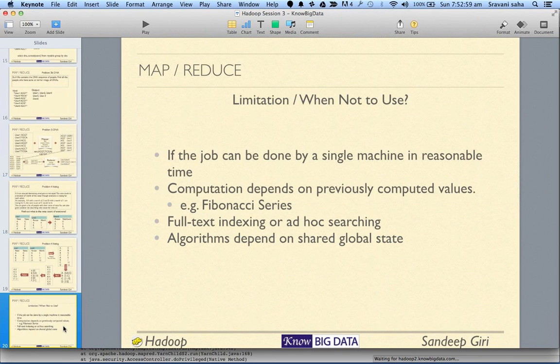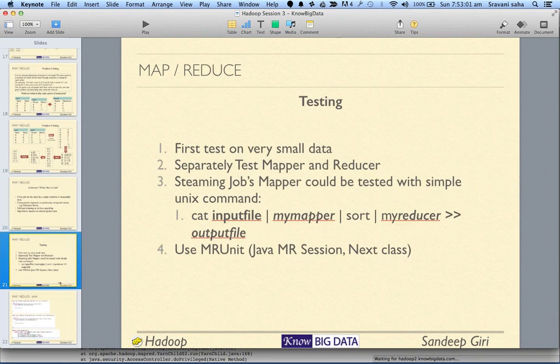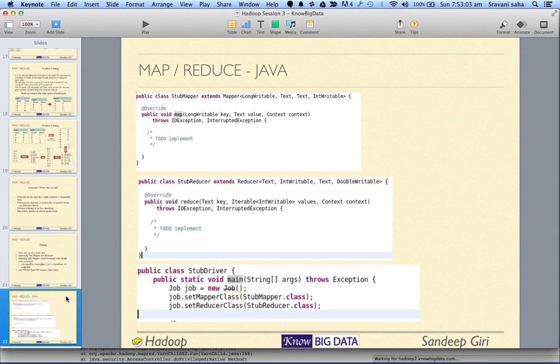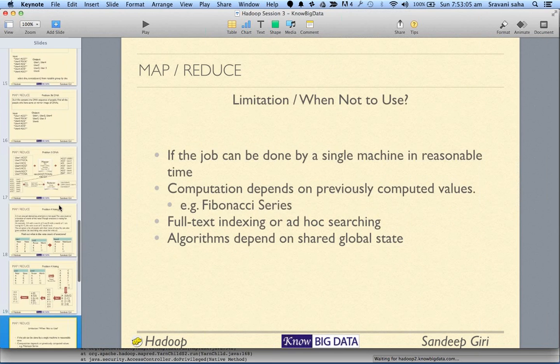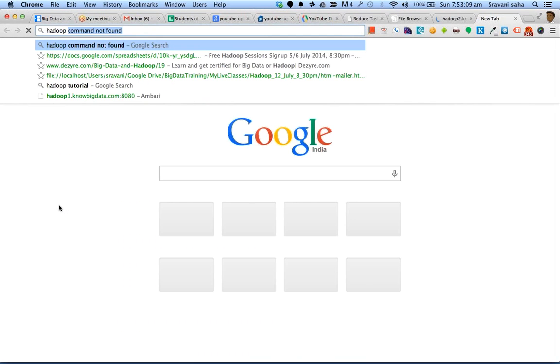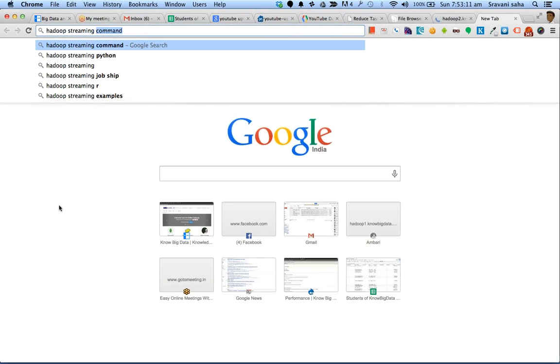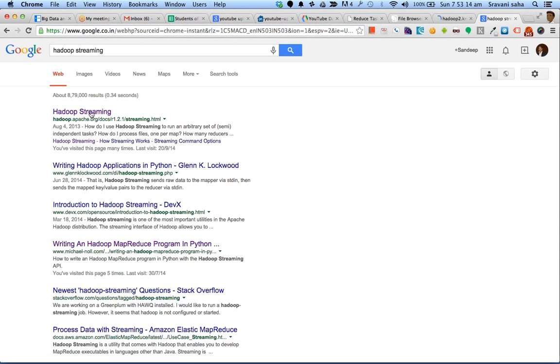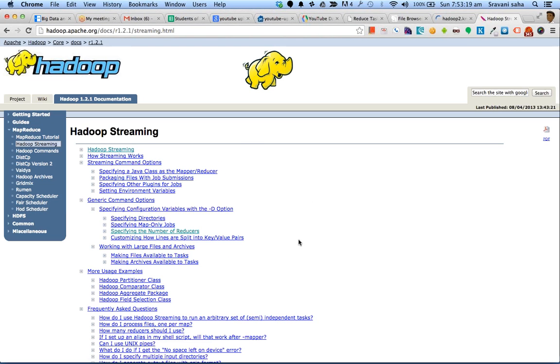Okay, don't worry. Now we have Hadoop streaming and streaming ship.